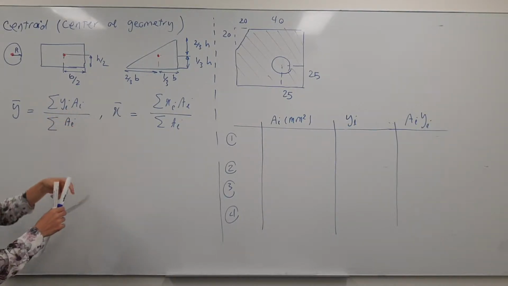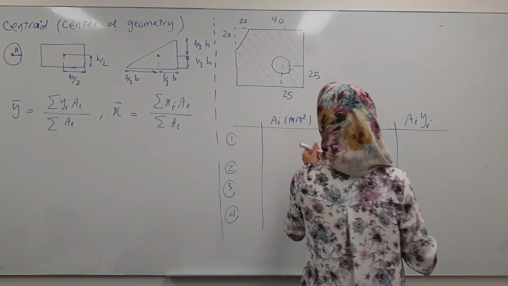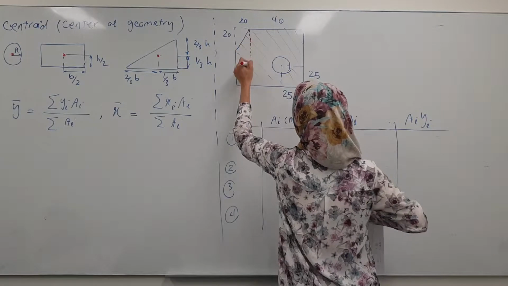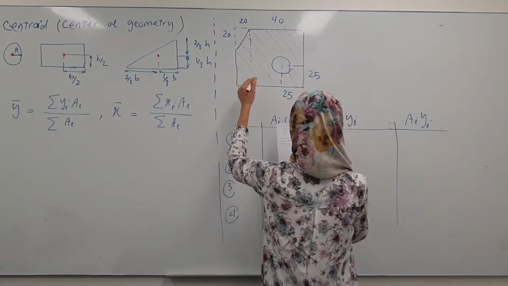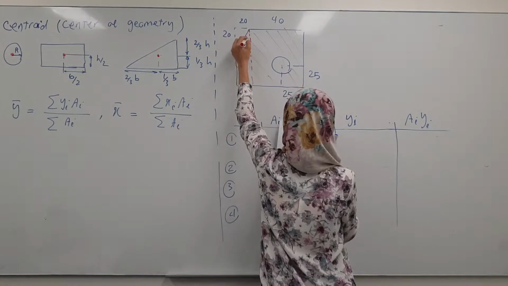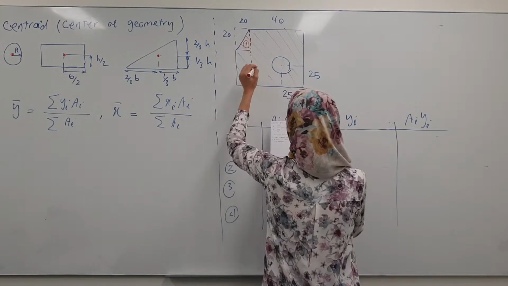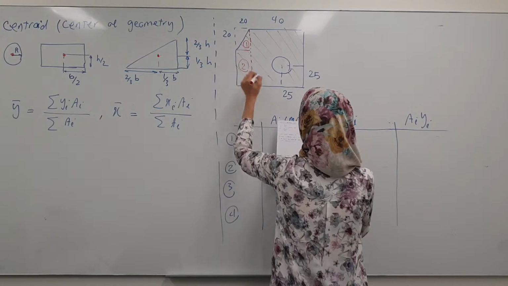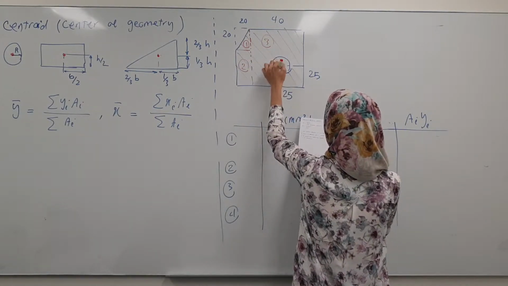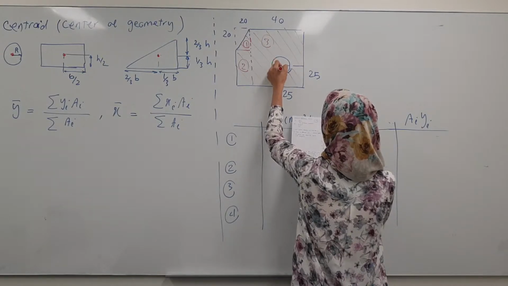So what that means is, I divide this one into simple shapes. I call this triangle shape 1, this rectangle shape 2, this is shape 3, and the circle, which is a hole, is shape 4.